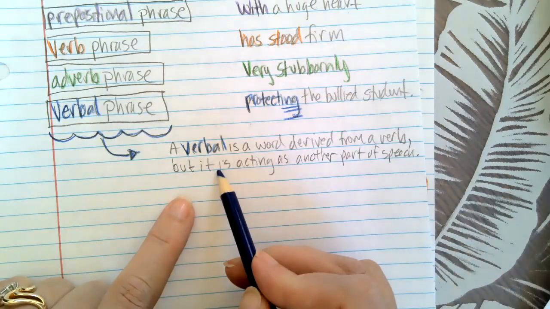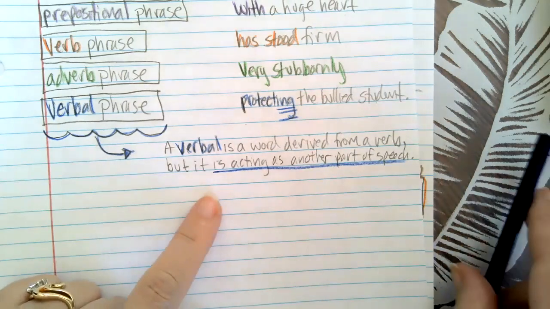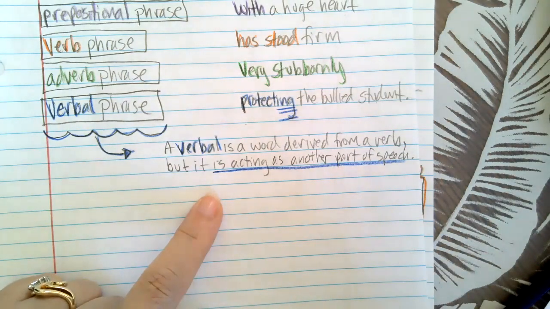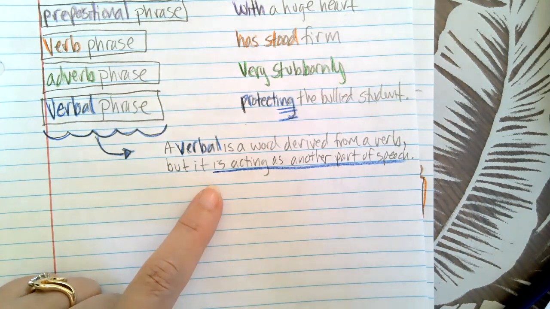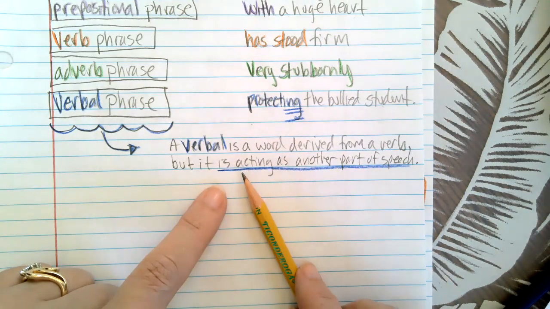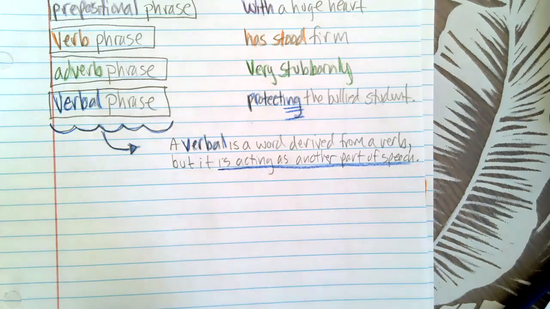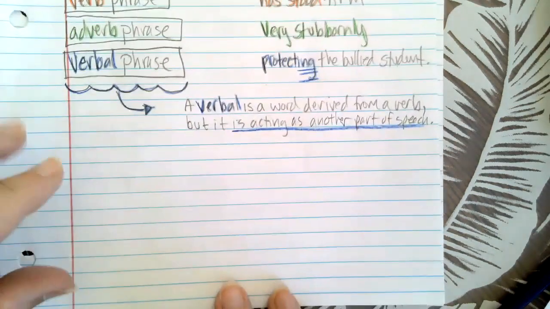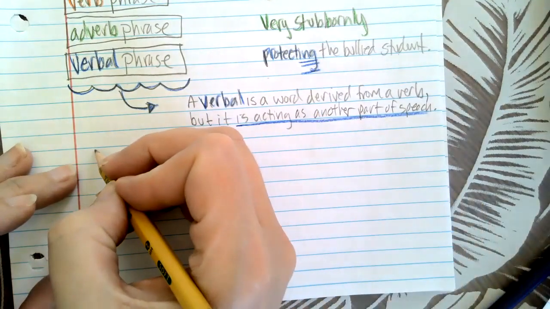Acting as another part of speech is a pretty important concept. At the beginning of the first lesson for 6, I talked about how each phrase is doing a different job. This is saying the same thing: it's doing the job of a different part of speech. The first of the three that we're going to identify is called a gerund.